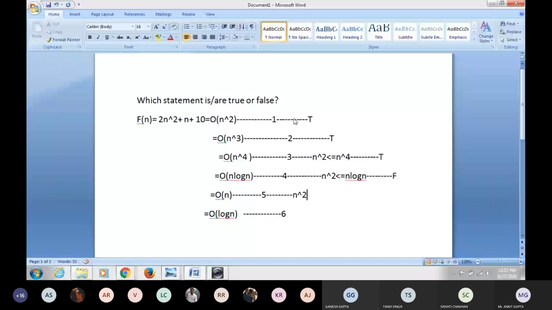Fifth is false. Sixth is false: n square less than or equal to log n is also false. Did you get this till now? All of you get this point?